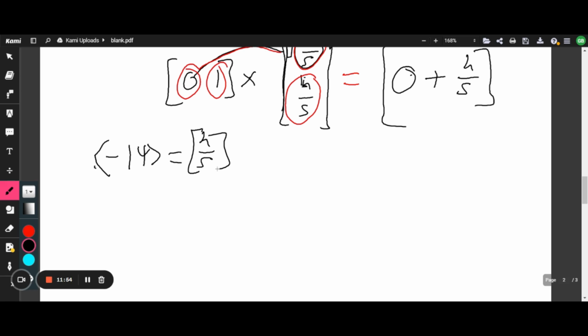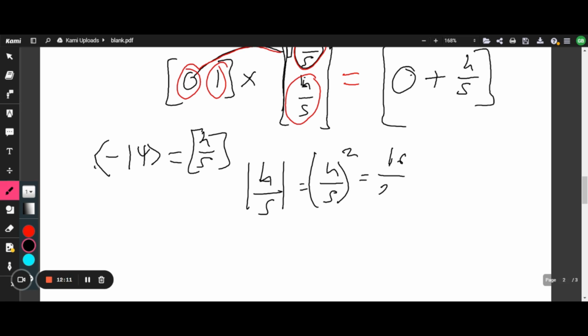So now to find the probability of finding a particle spin down, we just need to take the absolute value and square it. The absolute value of 4/5 equals 4/5, and when we square that, we get 16/25.